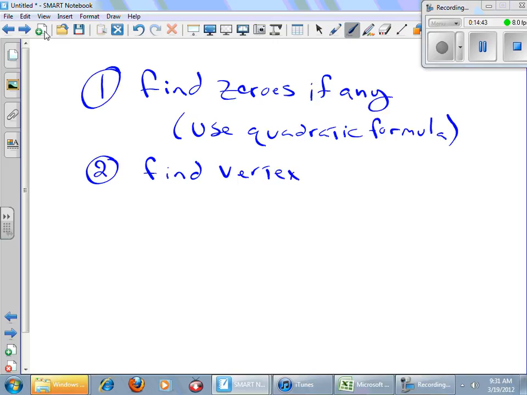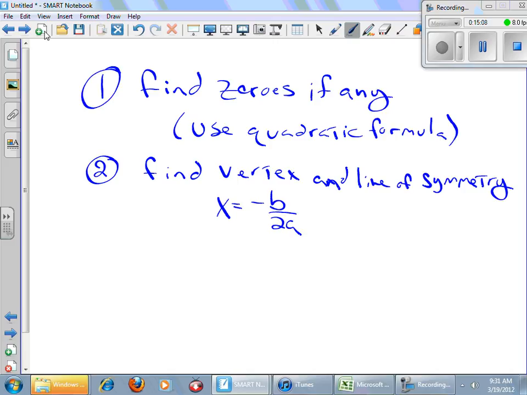If I have 3 points, once I've found the vertex, I can go ahead and graph. Okay, and line of symmetry. Okay.